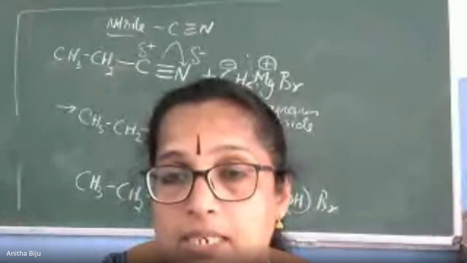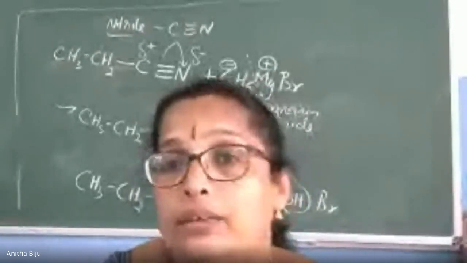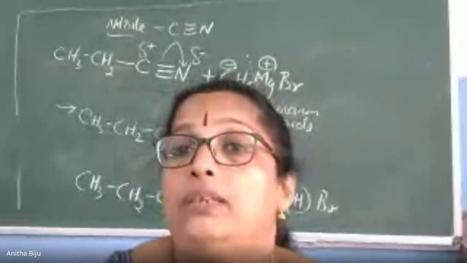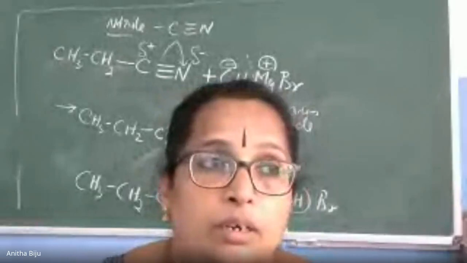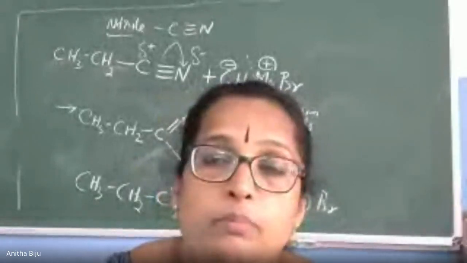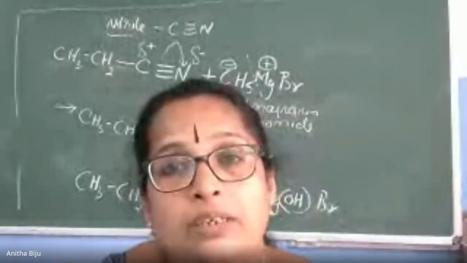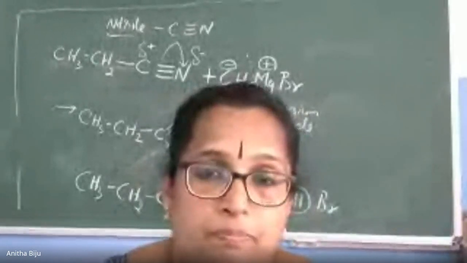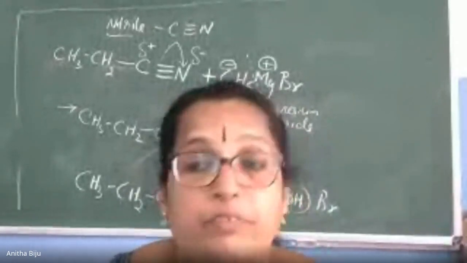We can mix them with water to some extent. But they are highly soluble in benzene, that is, in organic solvents. When moving in the homologous series from lower to higher members, the solubility decreases because of the increase in molecular mass. Okay, so this is all about the physical properties.